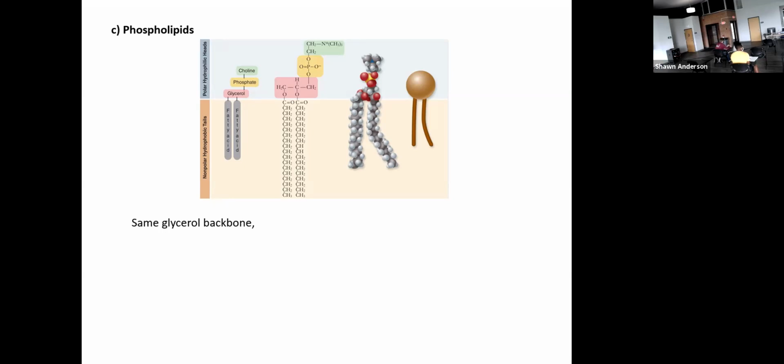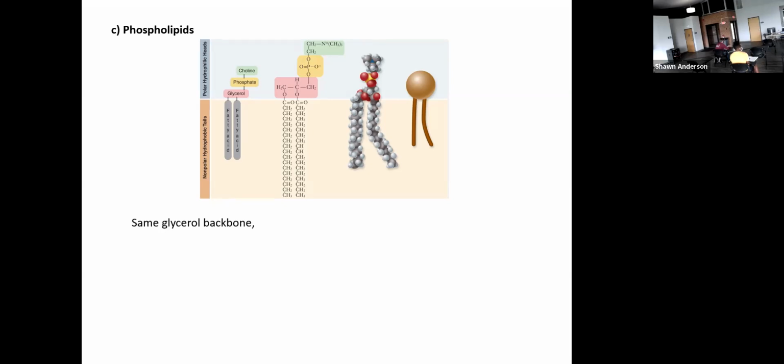All right. Now, phospholipids. So notice the pink structure here, rose. What would you call that? Mauve. I don't even know what mauve is, but I always want to say that. This is a mauve accent wall. Anyways, okay.